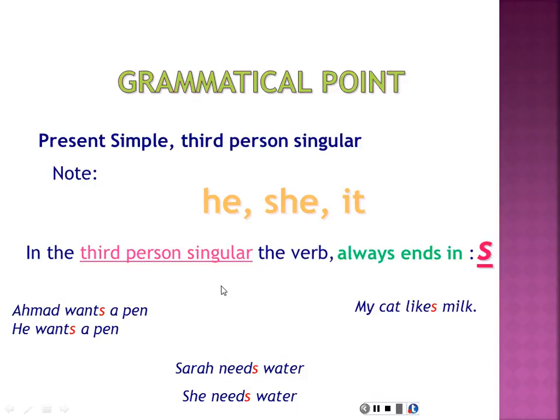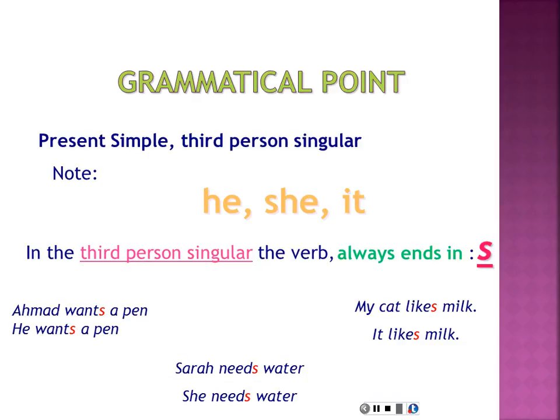The third group of examples: My cat likes milk. قطتي تحب الحليب. My cat likes milk, or it likes milk. So here we replace my cat with it because the cat is an animal. It's not a human. So we say it likes milk.